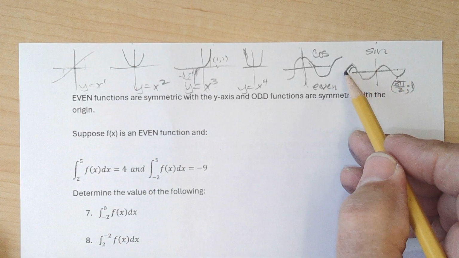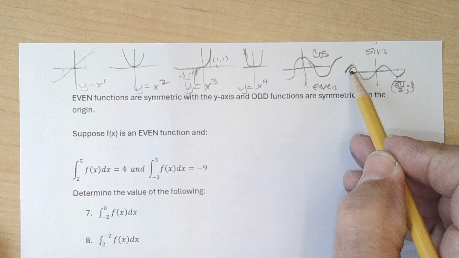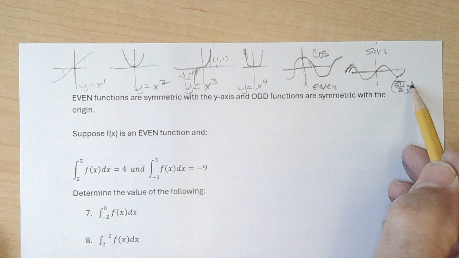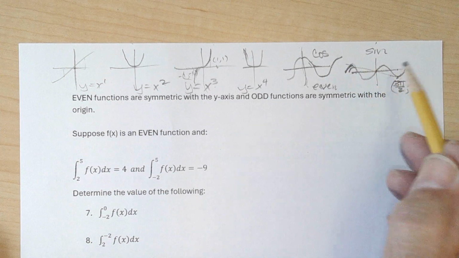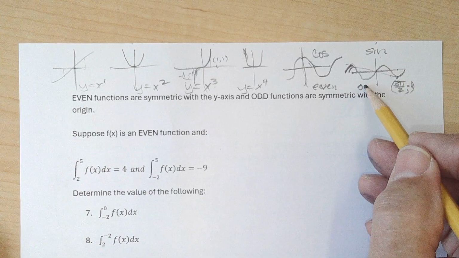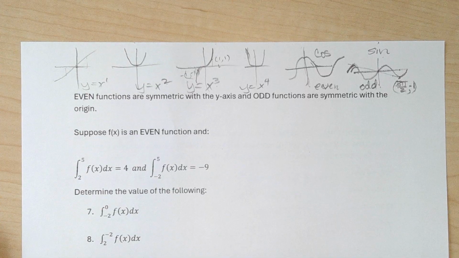And so this point is minus 3 pi over 2, plus 1. Across from the origin is a matching point. So it is odd. So that's kind of the idea of odd and even.